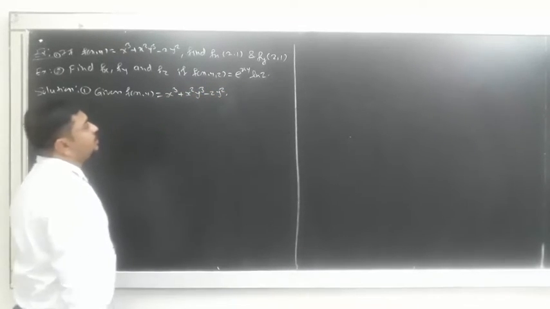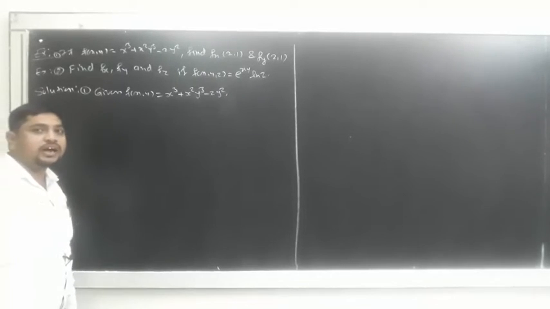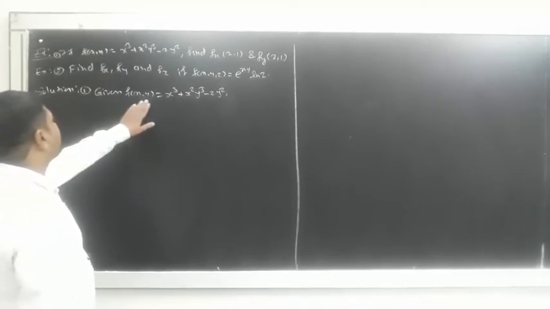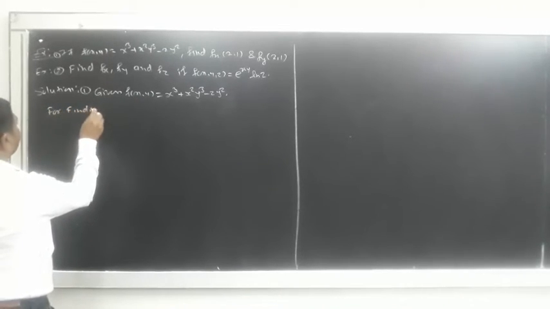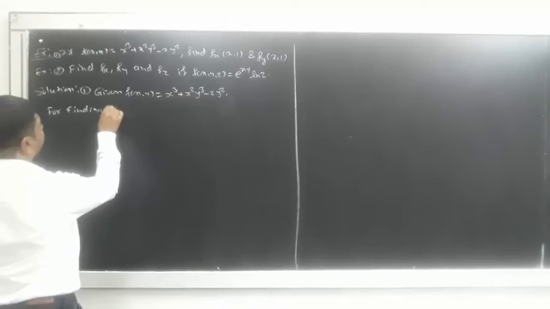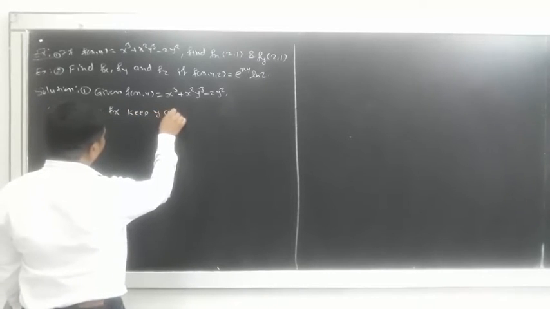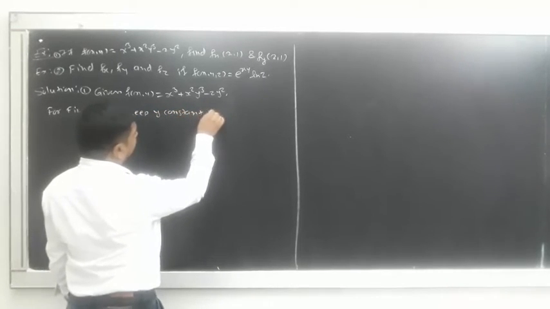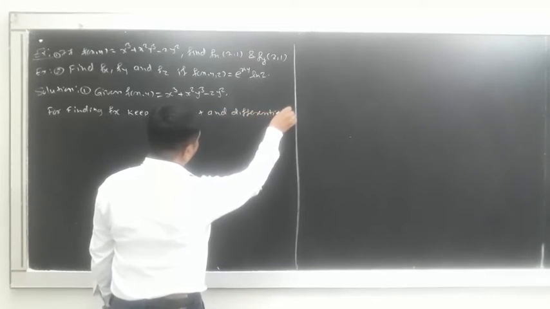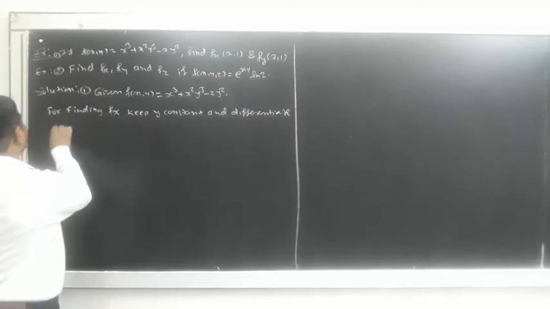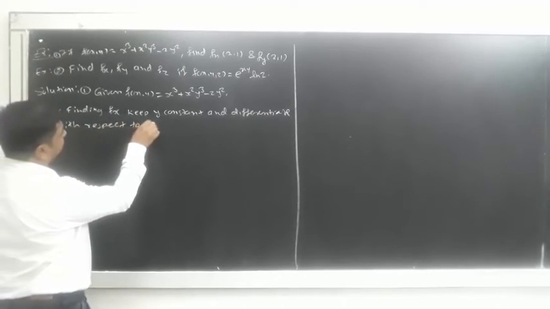So what I am saying, you have to find the derivative with respect to one variable, then keep the remaining ones constant. So here it is a two-variable function. For finding fx, keep y constant and differentiate with respect to x.